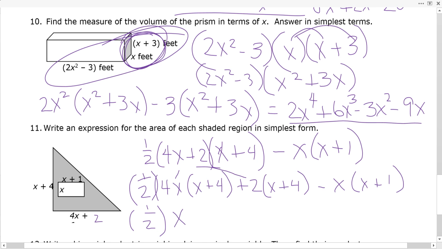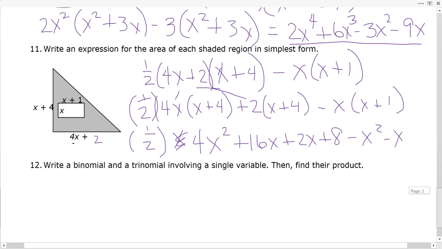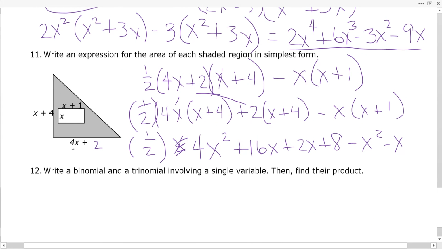Okay, so I have 4x squared plus 16x plus 2x plus 8 minus x squared minus x. So I'm going to end up putting my 2x down here and my minus x and my, oh, nope, wait, what did I do?